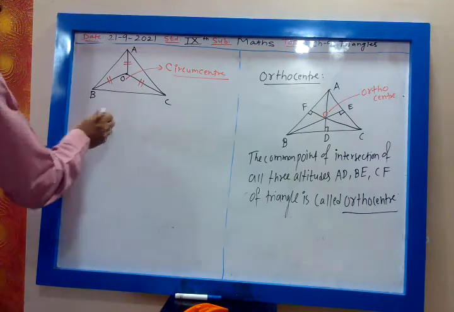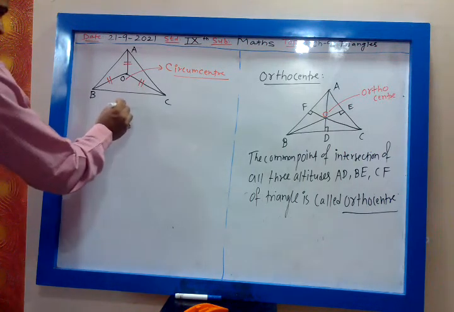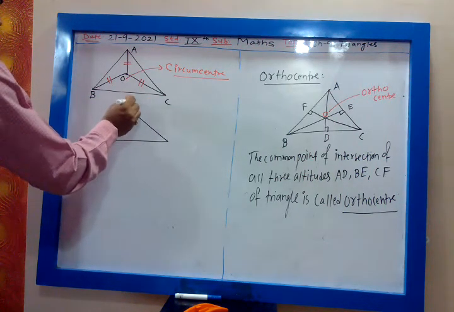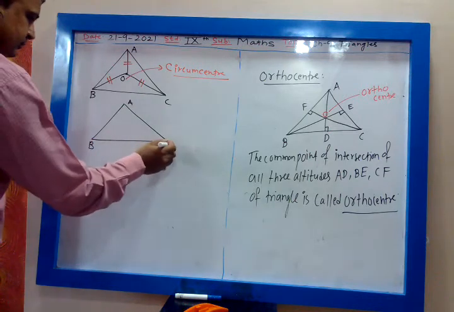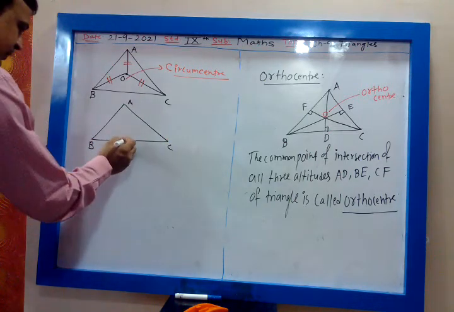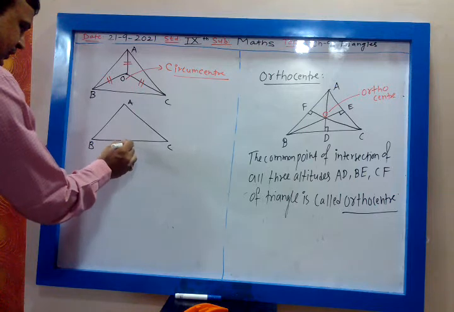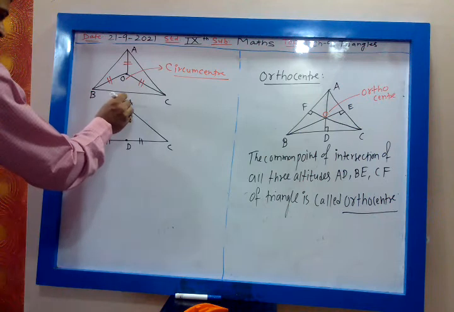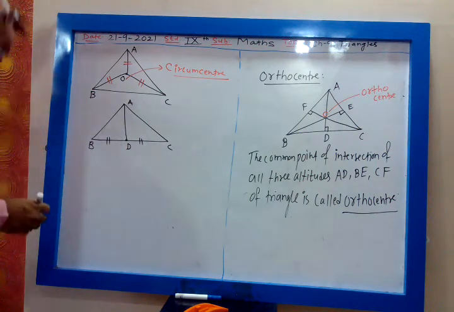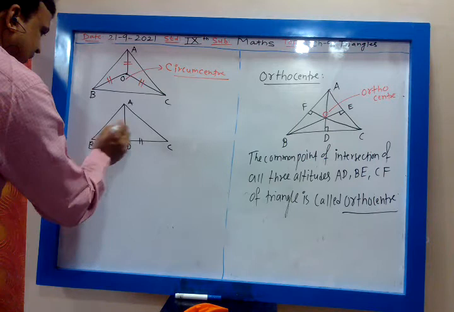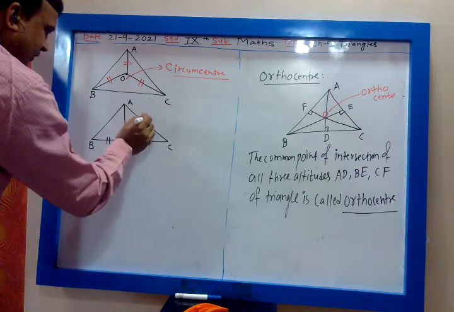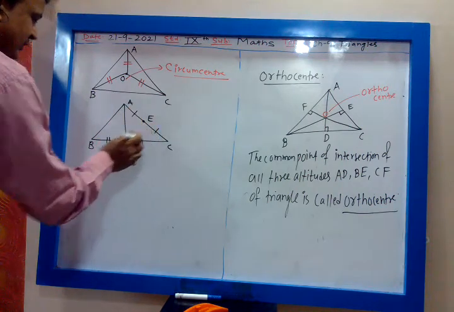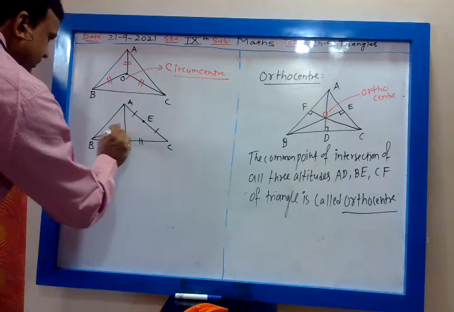Okay. Then another diagram. Triangle ABC. Then D is the midpoint of BC. So BD is the same as DC. So AD is the median. Then E is the midpoint of AC, so AE is the same as EC. So BE is the median.